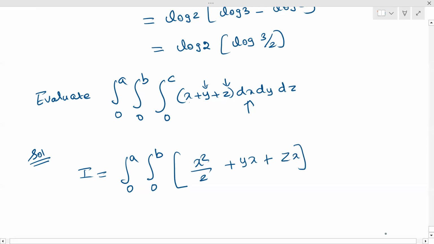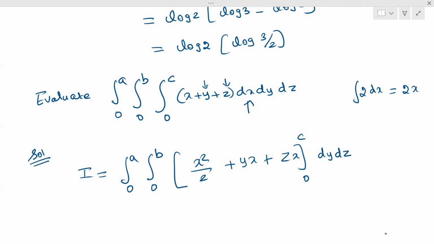Here the limit is 0 to c, dy dz. I think you remember the integration of 2 dx, what is the integration of that one? 2x, where 2 is the constant. Instead of 2, we are having y and z because we are treating y and z as constants.